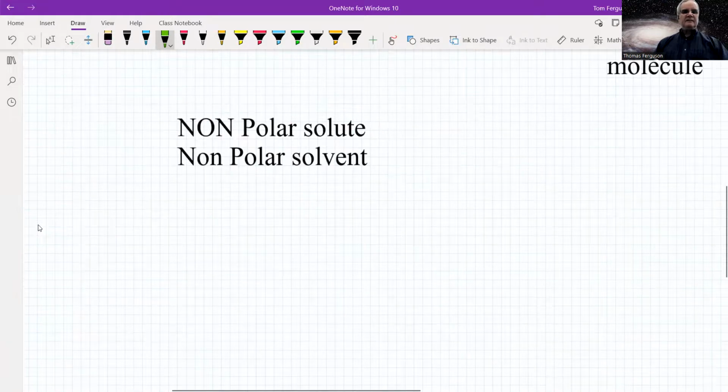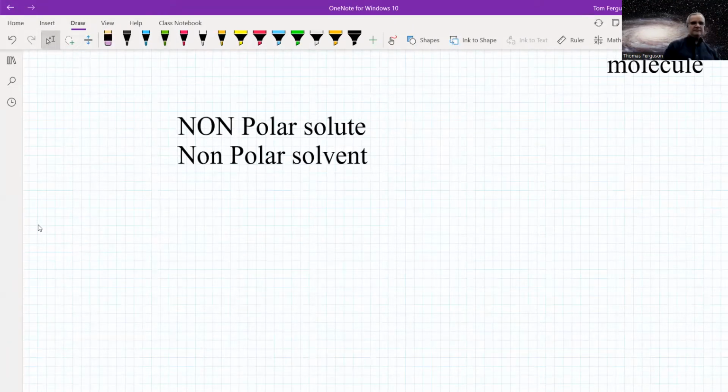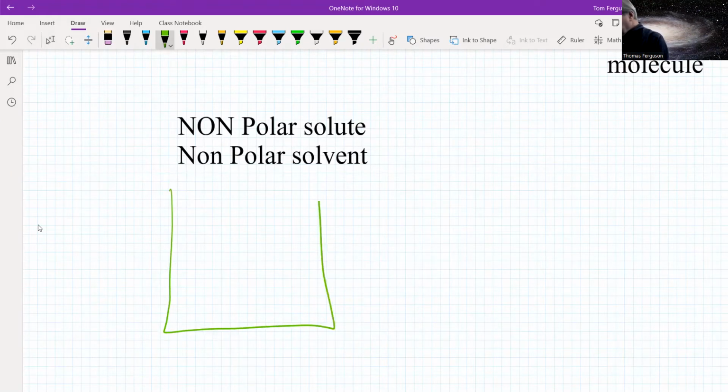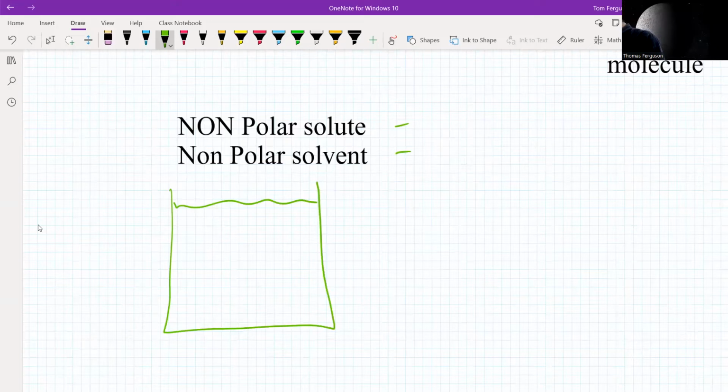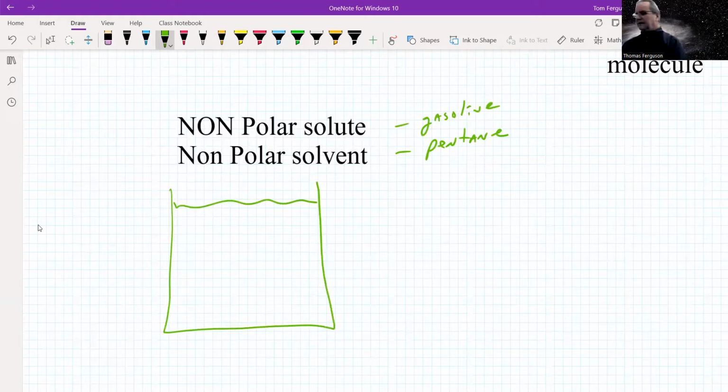You also have a nonpolar solvent and a nonpolar solute, something like gasoline, which is very nonpolar. That's why it floats on water, and pentane.